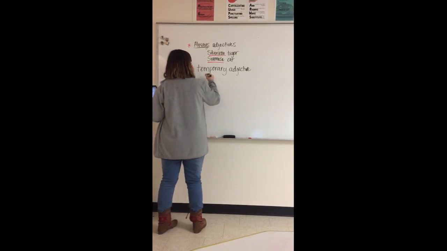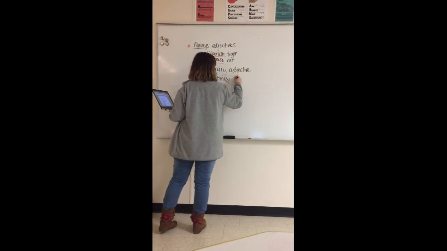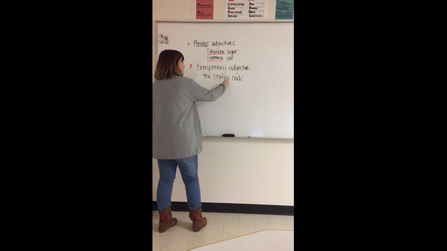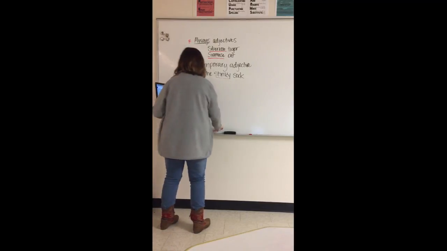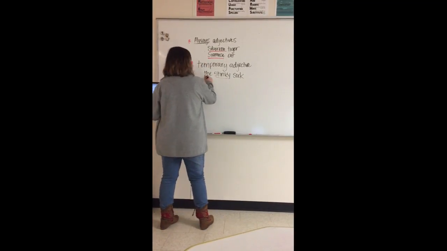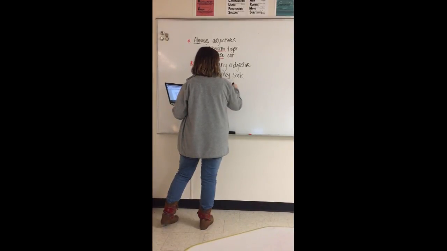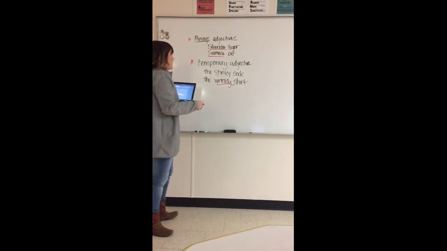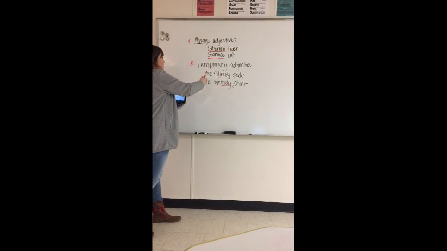So for example, the stinky sock. What kind of sock was it? Stinky. But it won't always be stinky, it's just stinky when we're describing it. And then the wrinkly shirt. What kind of shirt is it? Wrinkly.